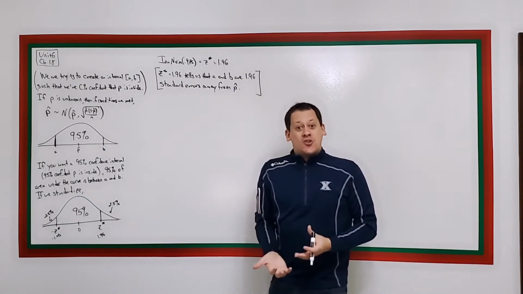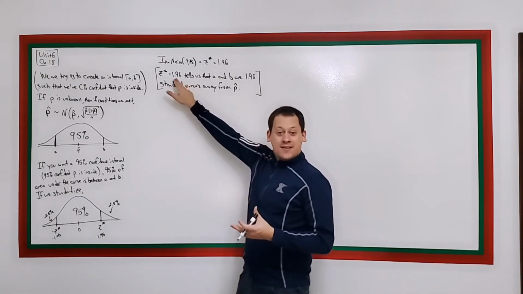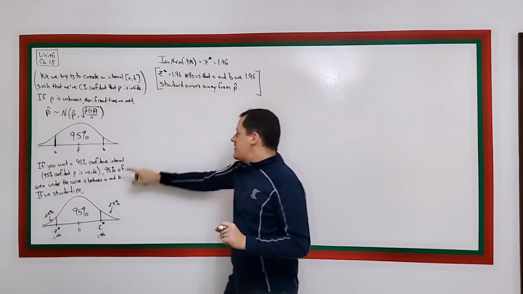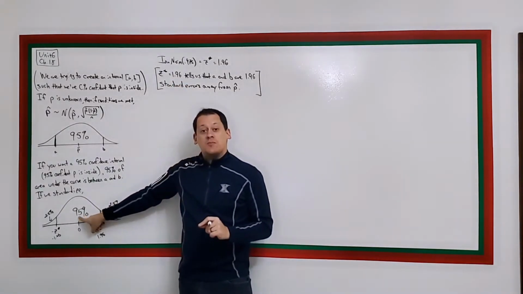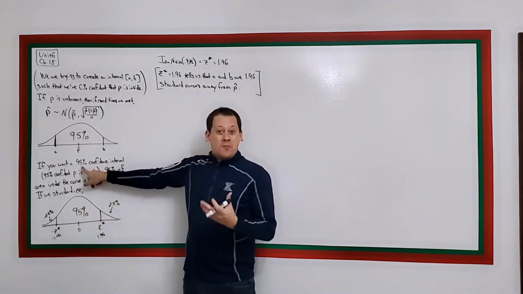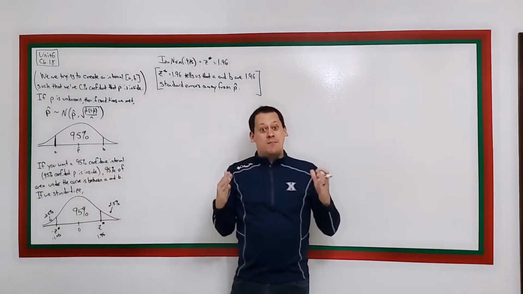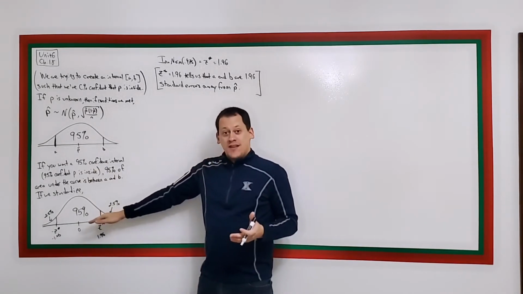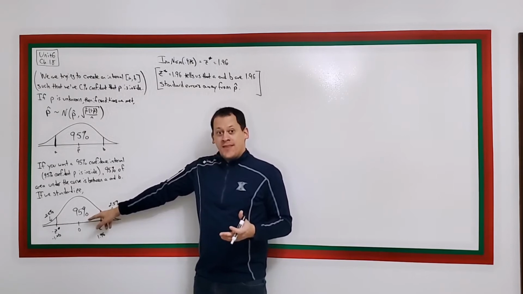Is there something magical about 1.96? Remember, the z-star value depends on what this percentage is. And this percentage is what percent confidence you want to be that p is in the interval. There's nothing magical about 95%. You could change this number.